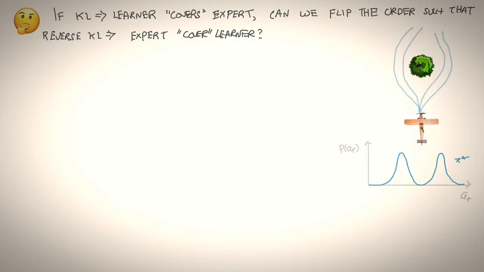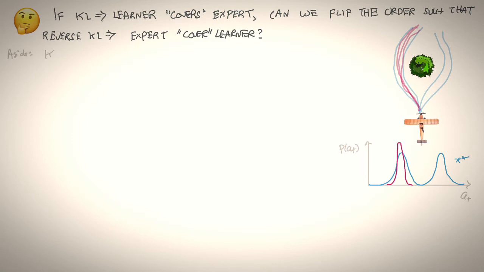What would that even look like? Going back to our original problem, that would force the learner to put all of its probability mass within the expert support. In other words, it's not allowed to pick an action that the expert does not have a non-zero probability of selecting.